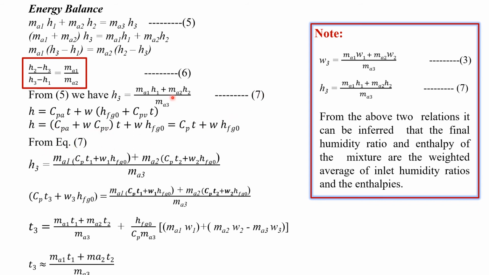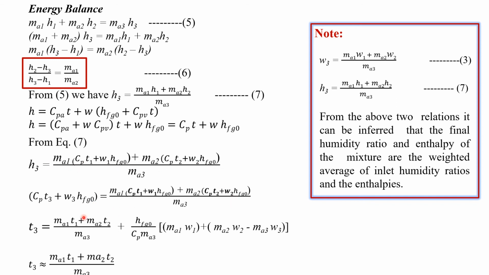So from equation 7, we can express the enthalpy of the mixture as Ma1 into H1, which is expressed in terms of the humid specific heat, dry bulb temperature, enthalpy of evaporation, and specific humidity as Cp T1 plus omega 1 Hfg naught. Likewise, we will write down the expression for H2 also. It is Cp T2 plus omega 2 into Hfg naught, divided by Ma3. Now H3 can further be written as Cp into T3 plus omega 3 into Hfg naught, equal to the same right hand side in this particular equation.